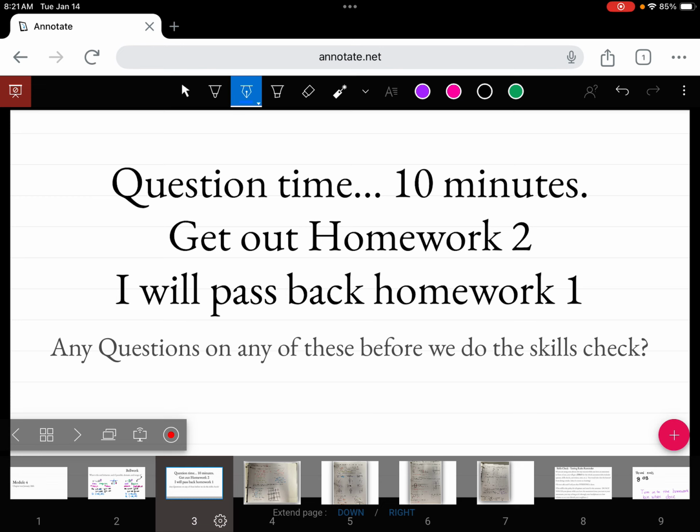So get your 4.2 out if you haven't turned it in. I know a couple people did. But I'm going to pass back everything I have. We're going to go through all of it real quick before we do the skills check for today.